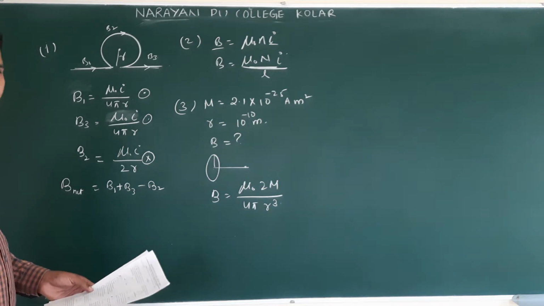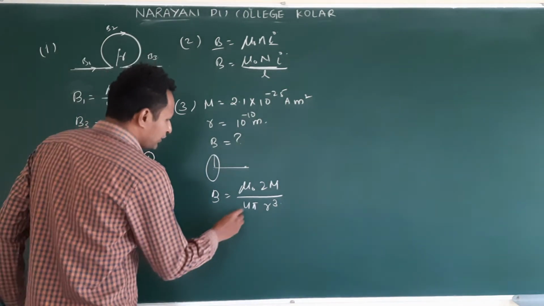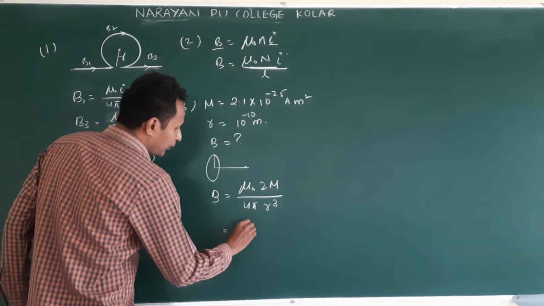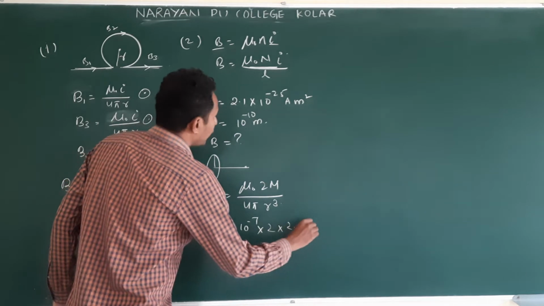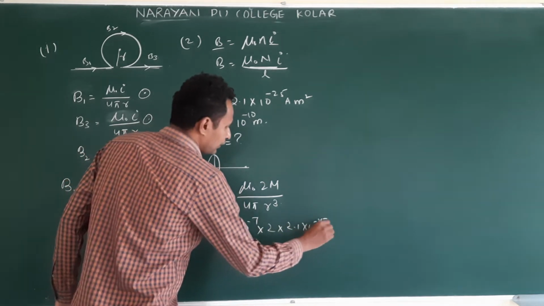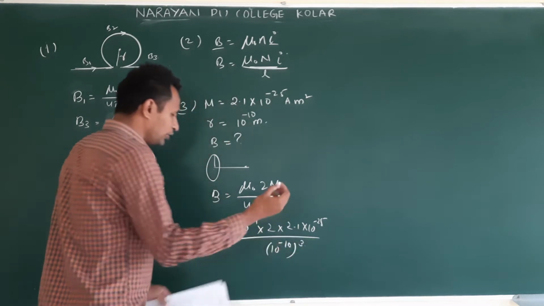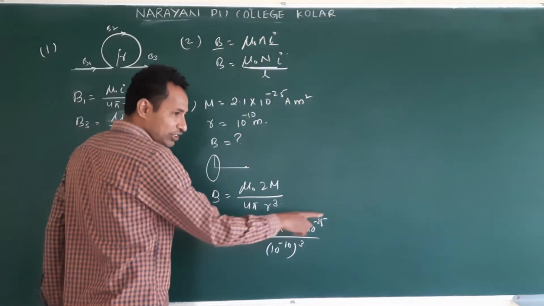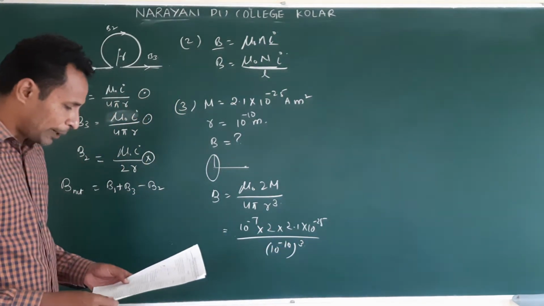Answer is the first one. Okay. See, 4 pi by 4 pi will be cancelled, 10 power minus 7, 2 as it is, M is 2.1 into 10 power minus 25, R cube, 10 power minus 10, do it, you will get it. So, once you clear the powers, 2 into 2.1, 4.2. So, option 1 is correct.